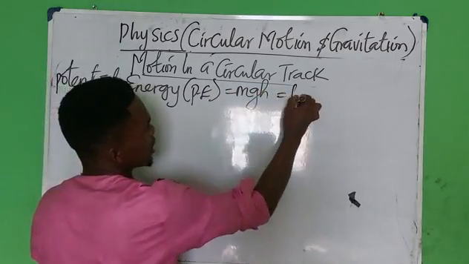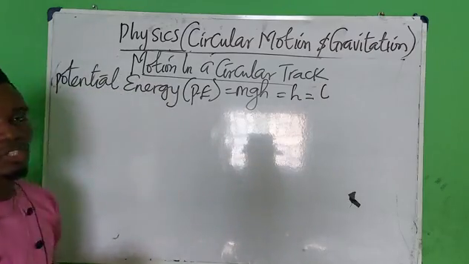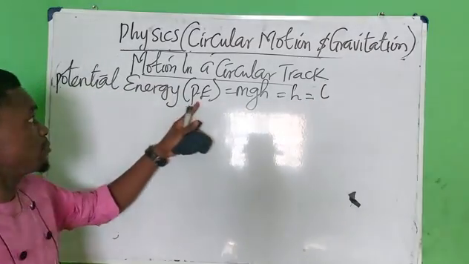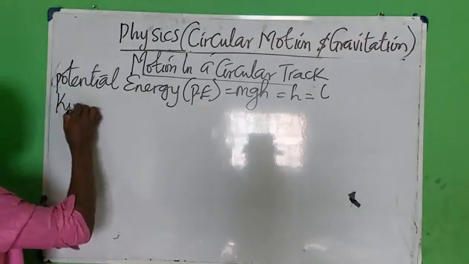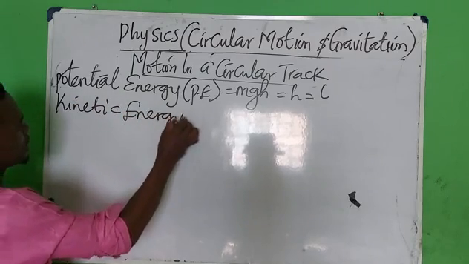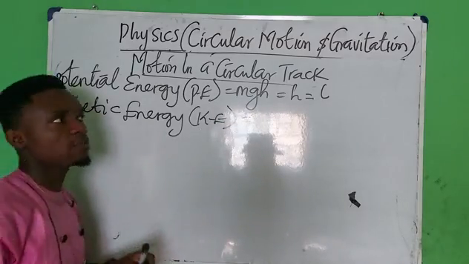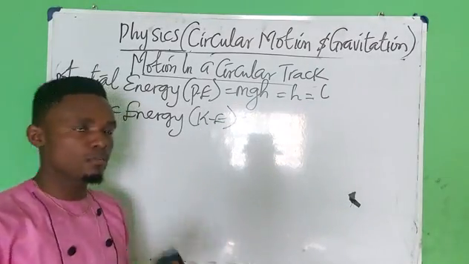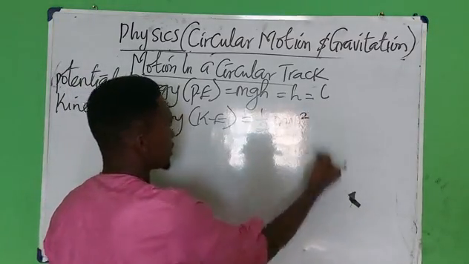This h can also mean what? Length. So m times g times h gives you what? Potential energy. But the opposite is the kinetic energy, which is KE. We all know what it means. It is the energy possessed by a body in motion. So it becomes 1 over 2 mv squared.